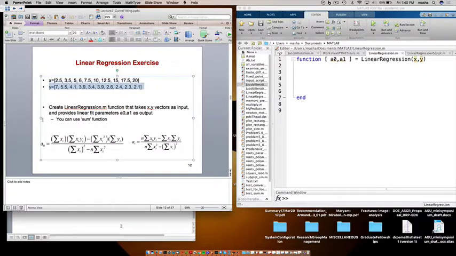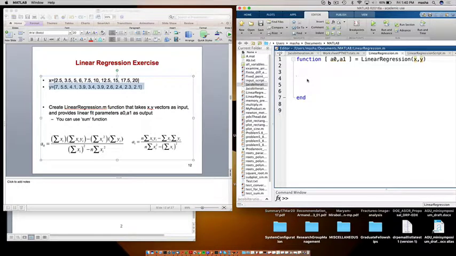So when I say you can use the sum function, then one of these sums, let's call it sum x, is sum of x. And if the sum function is not available, then you would do, so n is the number of elements of x.